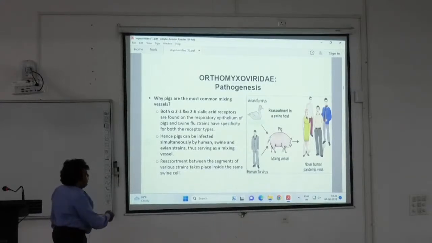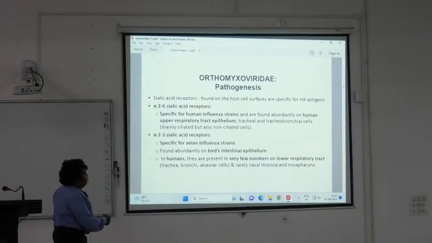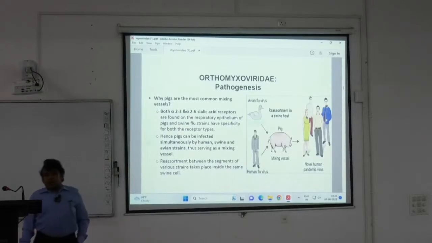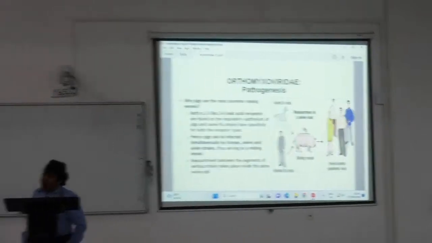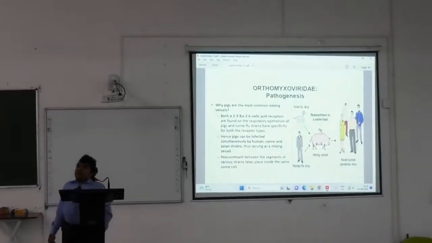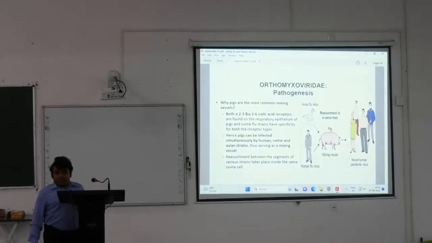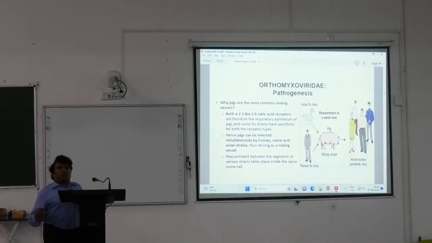They acquire affinity to the alpha 2,6 receptor. Now, when they have both alpha 2,6 and alpha 2,3 receptors, which they have acquired from the pigs, they can easily infect human beings. This is one of the phenomena by which this virus can jump the species barrier. Species barrier means it can jump from one type of animal to another.